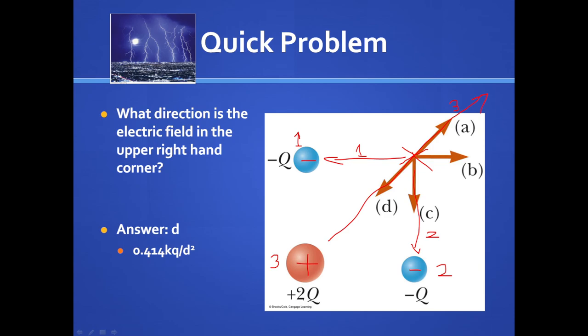Charge 2 may be twice as big, but there's still 2 negative charges here that add up to the same magnitude of charge, but negative, and they're closer. As a result, the net field at this particular location, once we add all the field lines together, is going to point in the D direction because there's just more negative here than there is positive here. Or rather, the negatives are closer to that location.